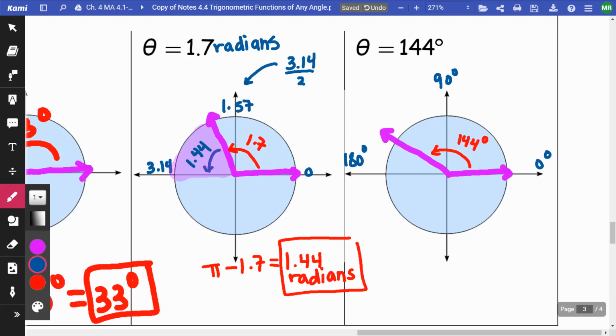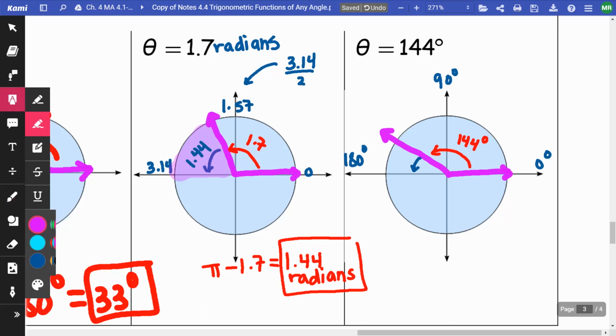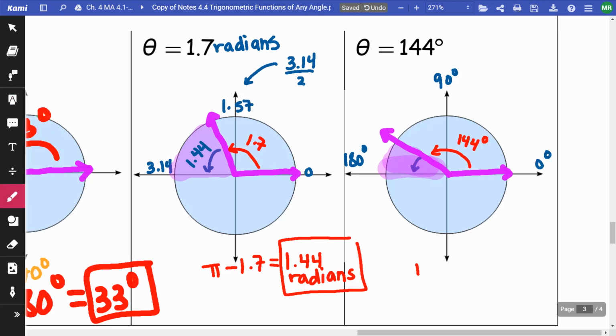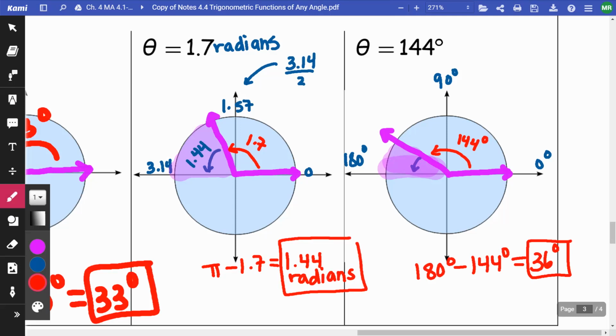What I'm trying to find is this here. And so I want this little slice. What is that? So in order to find that, I'm going to take my 180 because I didn't quite reach there. And I'm going to subtract 144 to see how far off. And when I do, I get 36 degrees. So that's going to be my reference angle. So this is going to be 36 degrees.